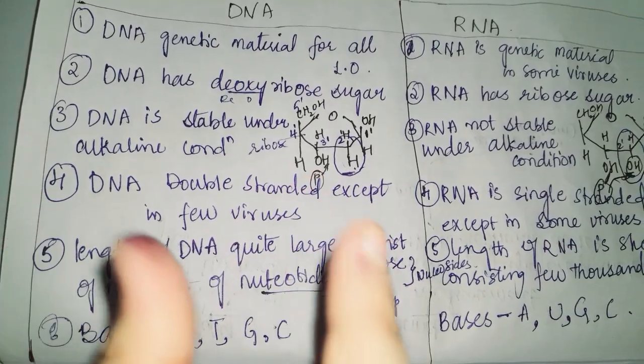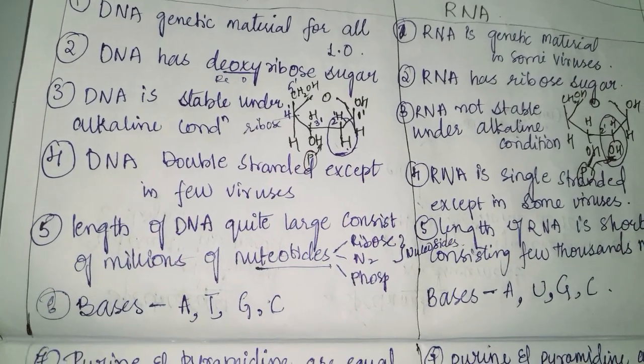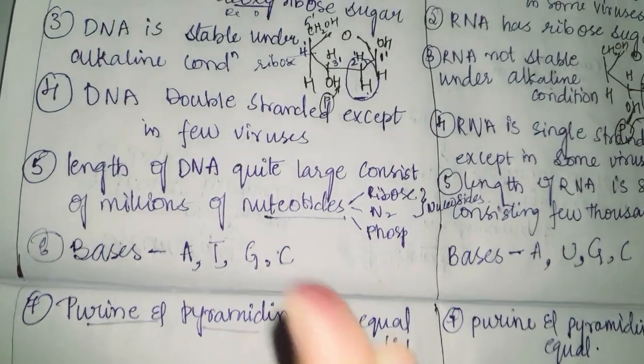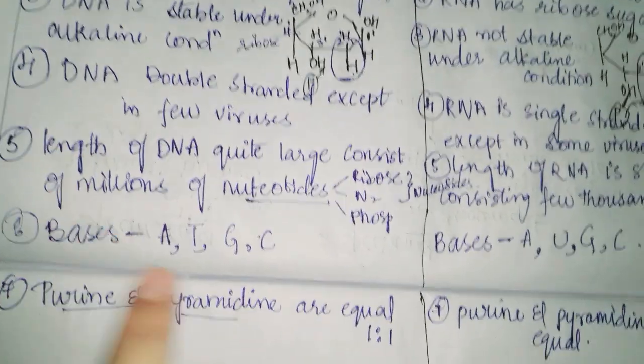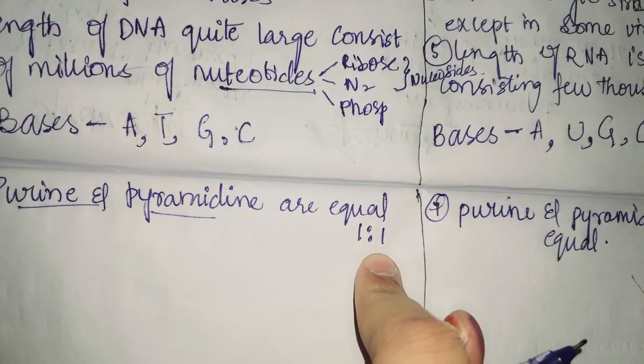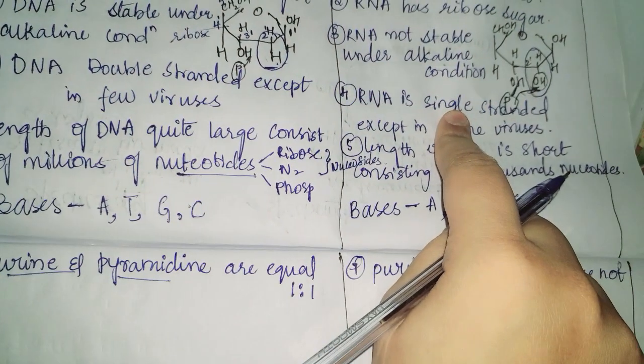That's why DNA has complementary bases of purines and pyrimidines, and due to that DNA has an equal ratio of purines and pyrimidines, while RNA does not have an equal ratio because it is single stranded.